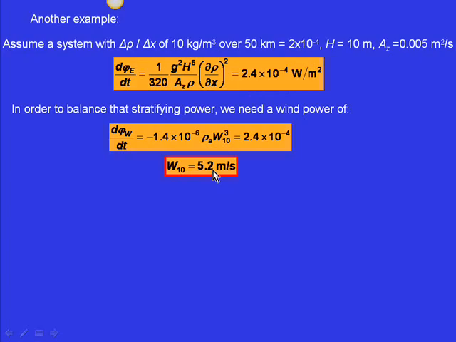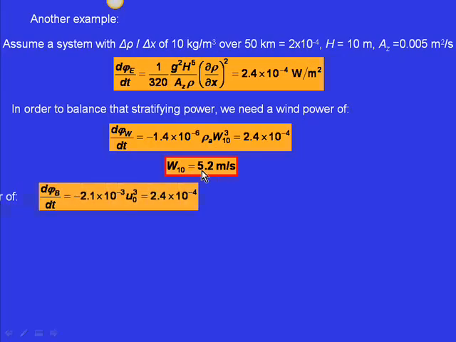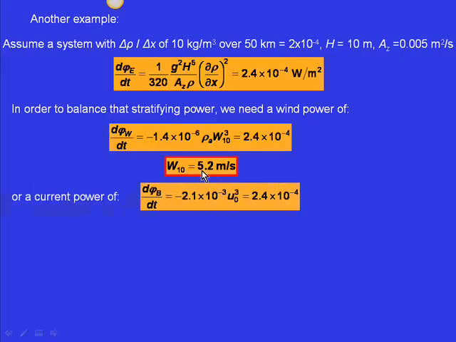Does that mean anything to you? What do you like to think of, in knots or in miles per hour? Knots is pretty common. So this, in knots, is around 10 knots. So that's not a strong wind that will overcome that stratifying power.